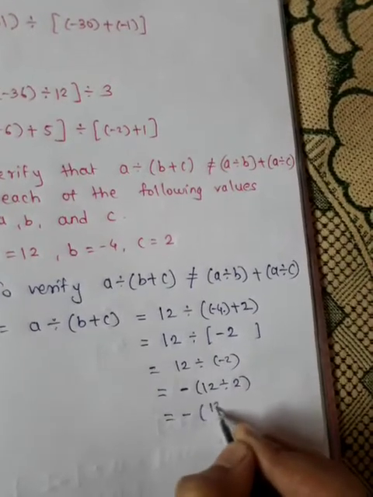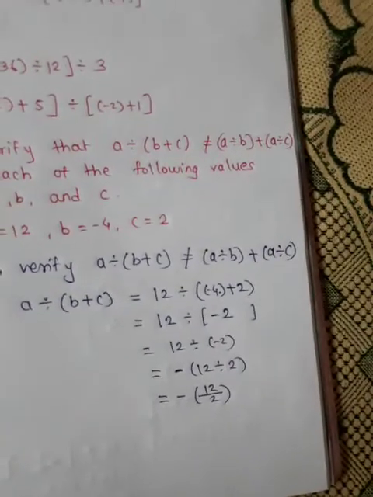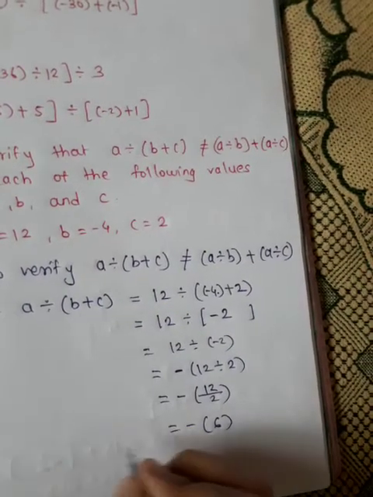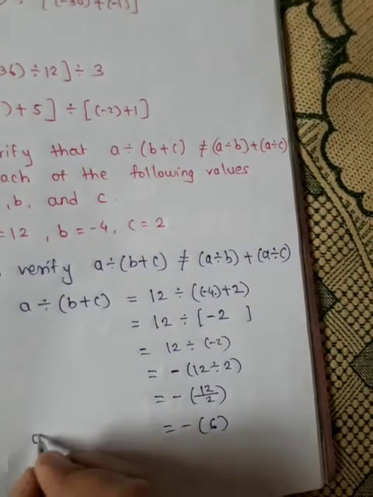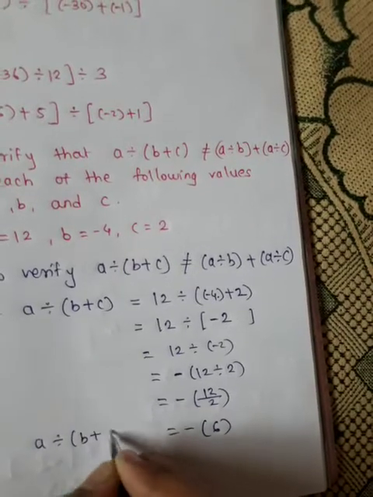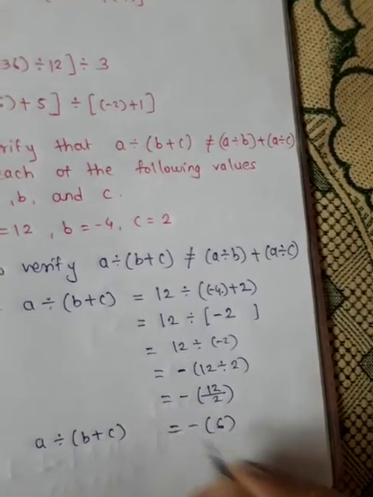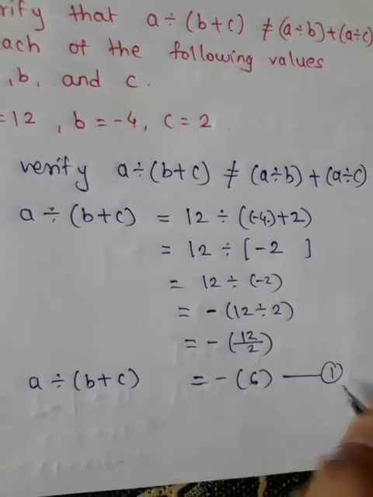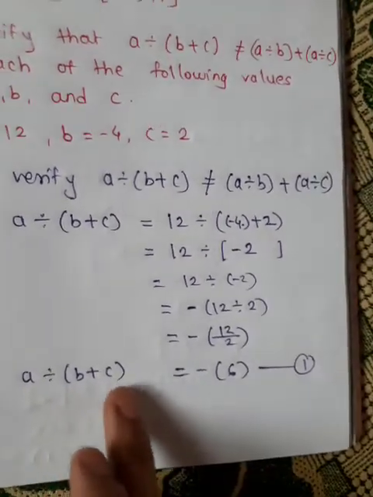So 12 upon 2 is 6. Therefore a divided by b plus c gives you minus 6. I will call this number 1. a divided by b plus c is equal to minus 6.